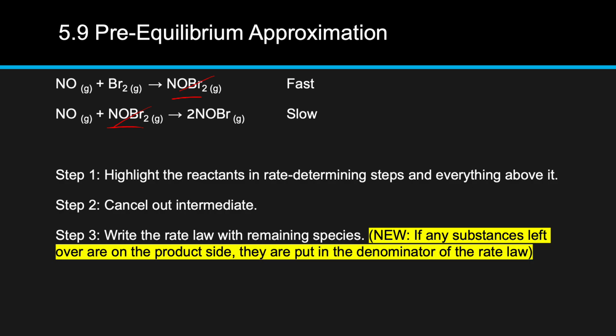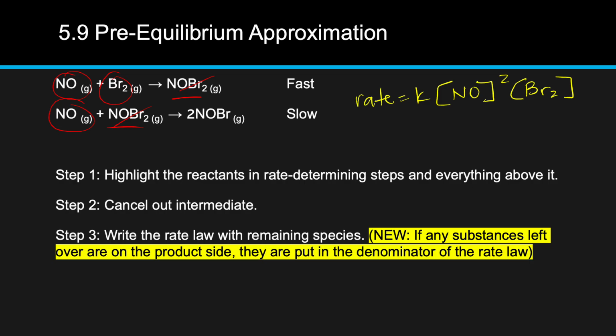So then to build our rate law, we have our remaining reactants. So it will be rate equals k times the concentration of NO raised to the second power, because there are two of them, and Br2 raised to the first power, because there's only one. Now, what is different?